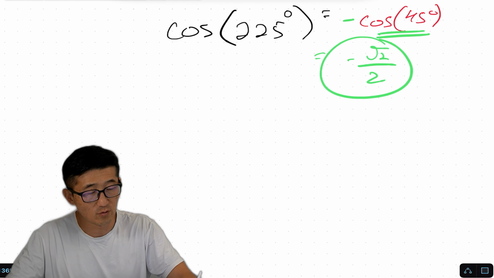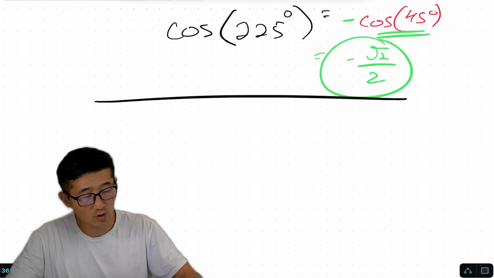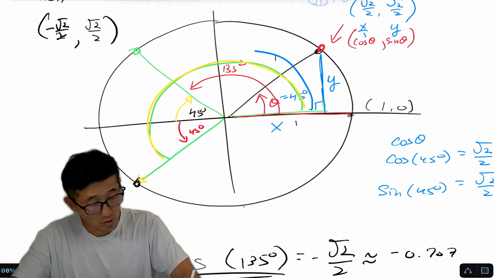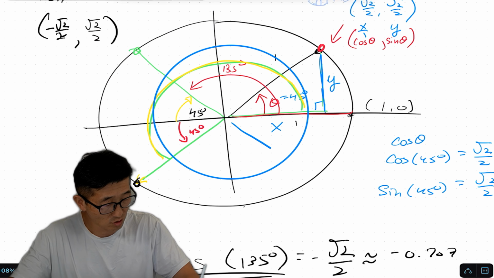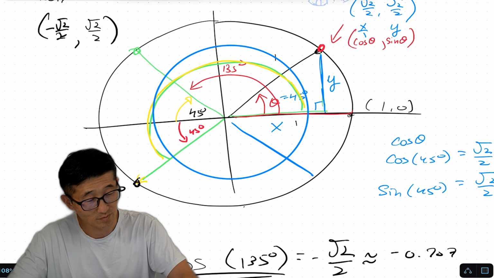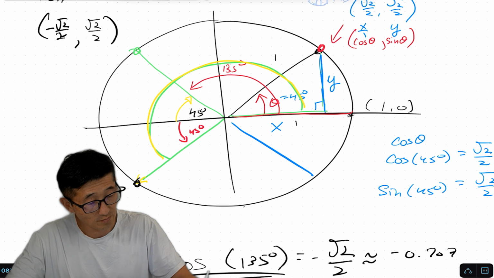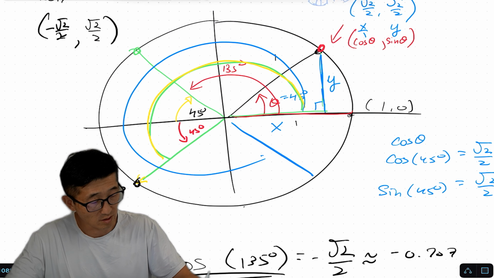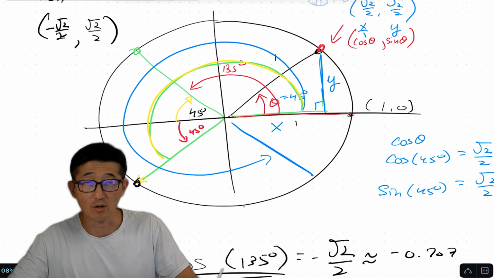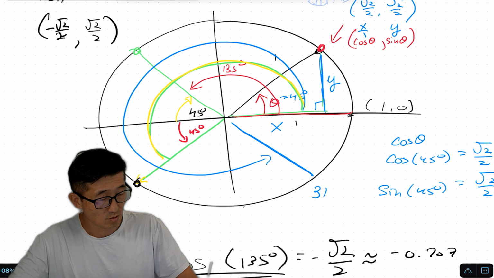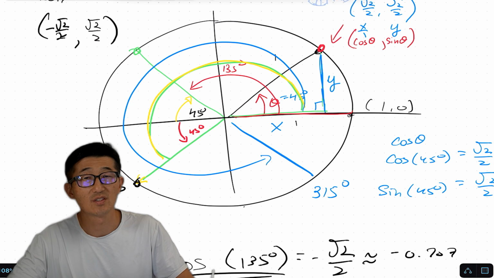Let's just go all the way around full circle. So now if you go to right over here, and this will be in blue color, go all the way around right here. Okay, good. All right, so now how far did we go? 315.